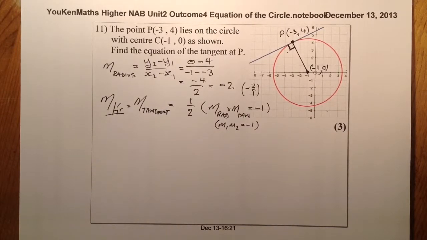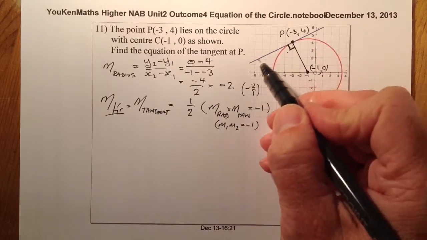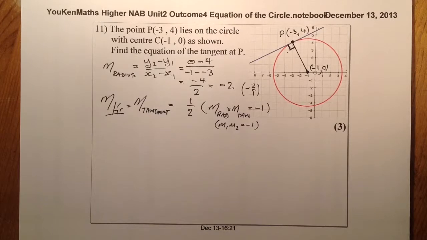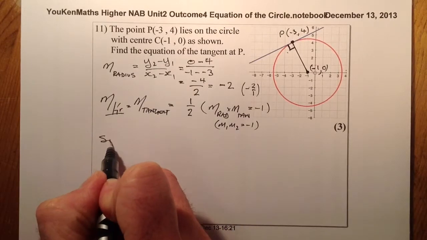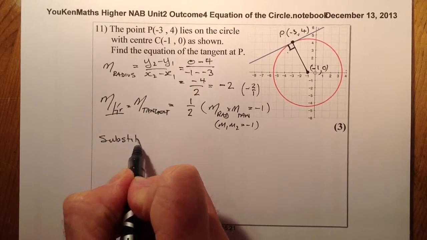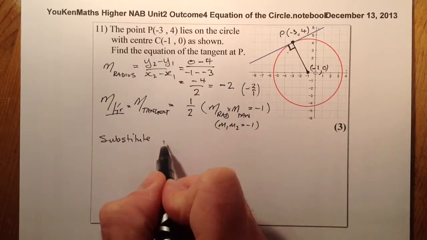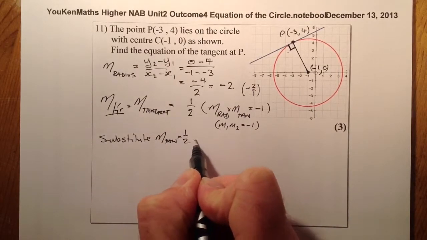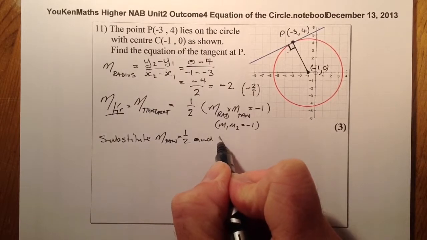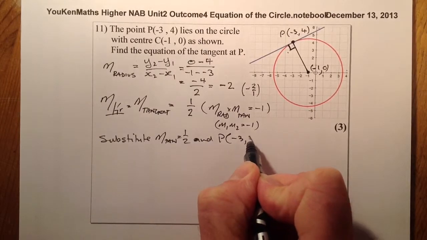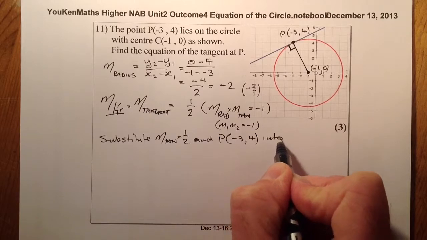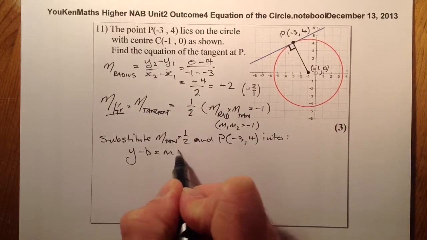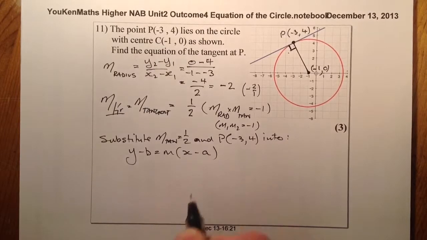Right, so what I then said is, once I've found the gradient of that line, I'm going to substitute the gradient and that point into the straight line equation. So substitute the gradient of the tangent, which is equal to a half, and the point P (-3, 4) into y minus b equals m(x minus a).